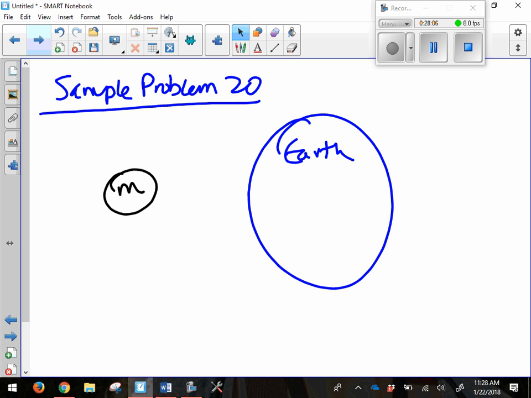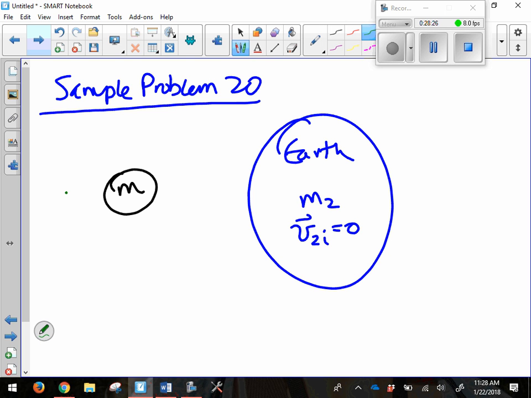We'll talk more about this later. But we're going to assume that we're in the reference frame of the Earth, so the Earth is not moving. So we'll let the Earth be m2 and we will pretend that v2i is equal to 0.